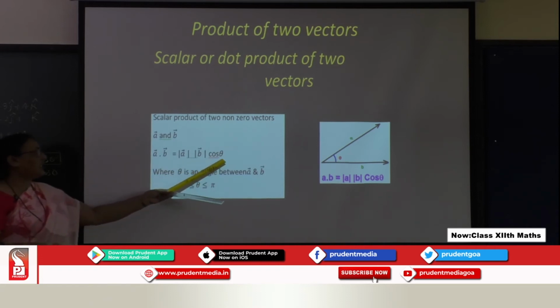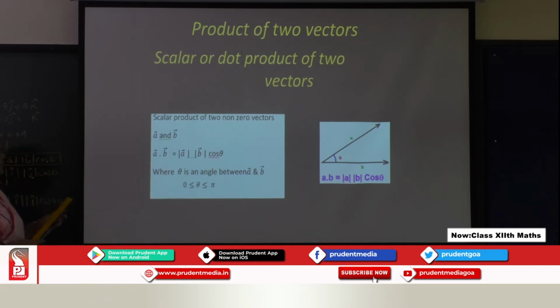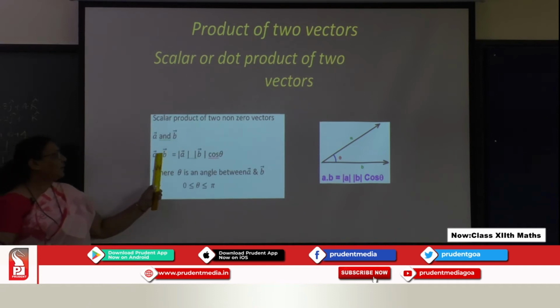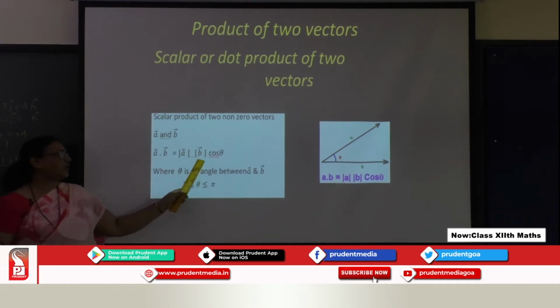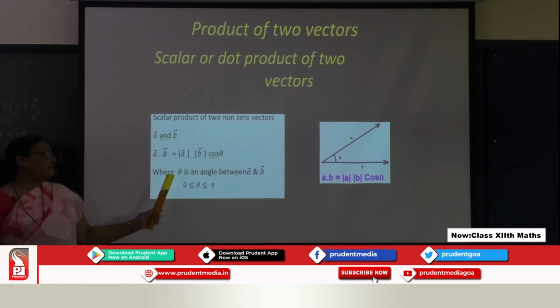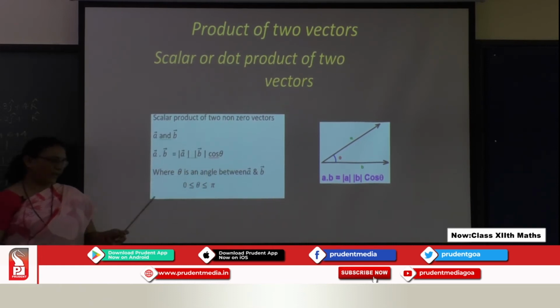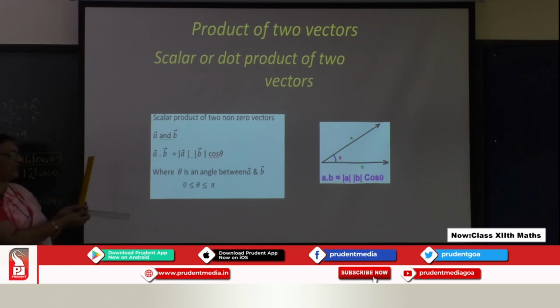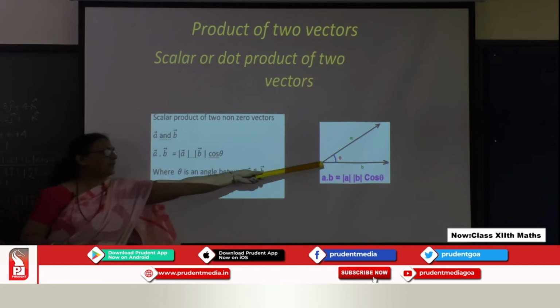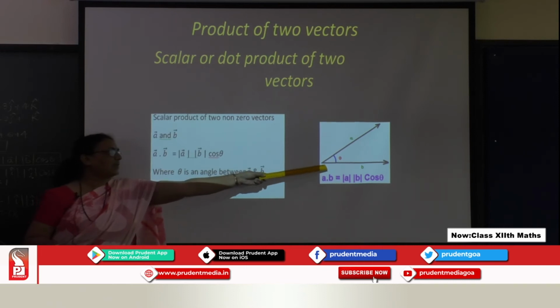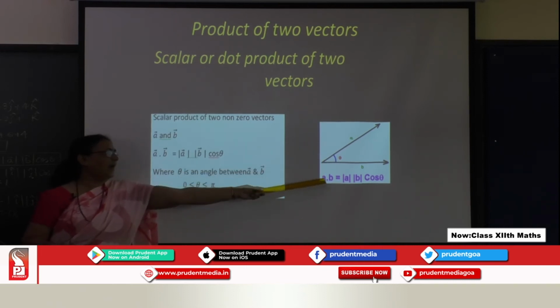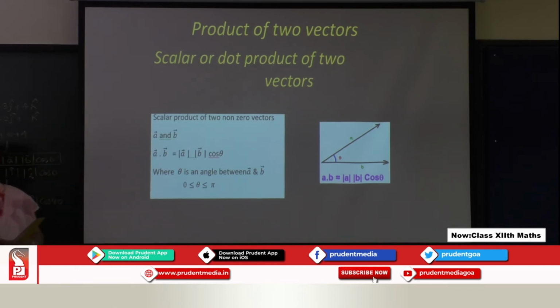So the dot product formula is A dot B equals magnitude of A, magnitude of B and cos theta, where theta is the angle between A and B, and theta lies between 0 to pi, including 0 and pi. See this angle here like this. So it lies between 0 until pi. Here theta is the angle between these two vectors, vector B and vector A, then A dot B is AB cos theta.